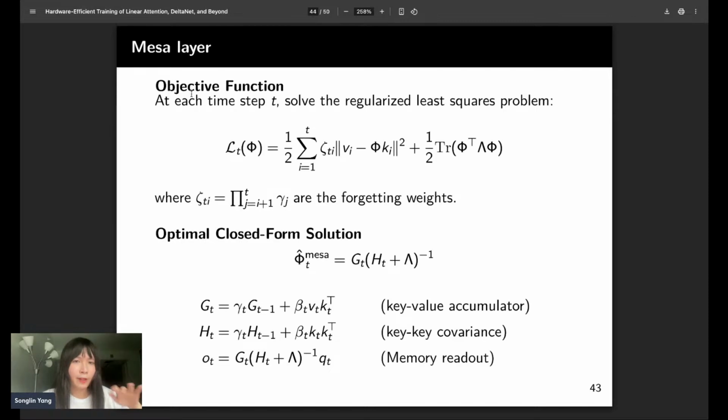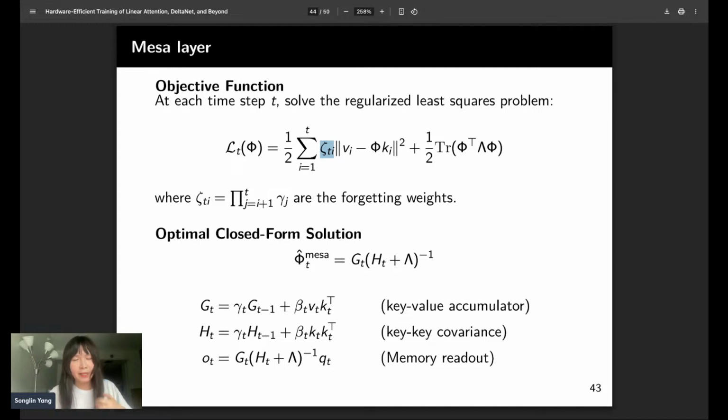So here we have the objective function. For time step t, the objective considers the entire history from the very beginning of the sequence up to the current time step. So we also have the forgetting weight to weight more on the recent past.